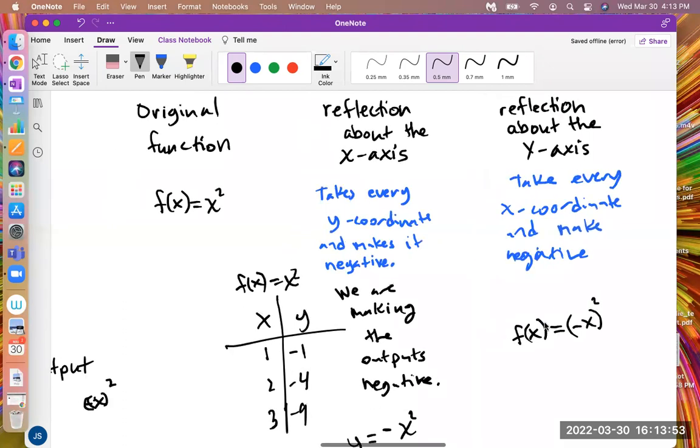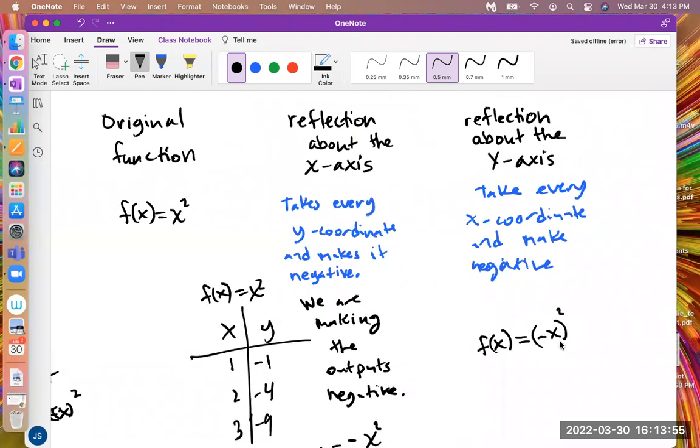Okay, that is the equation that it would look like if we flipped this x squared function across the y-axis. It would look like negative x squared, with the negative being part of the base of that.